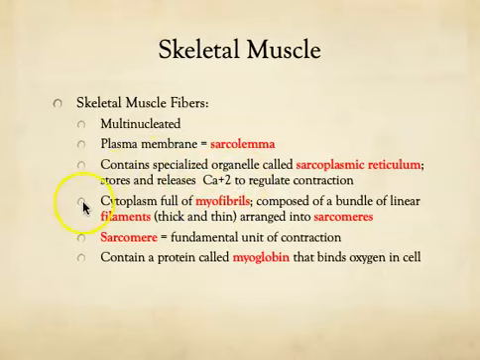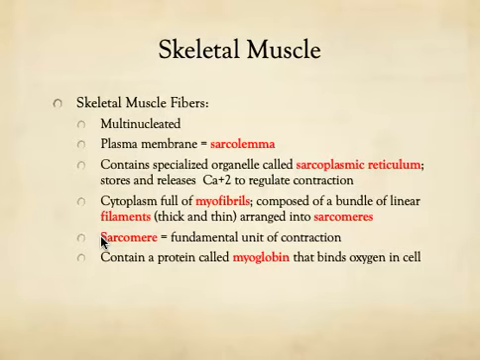Now, we said the cytoplasm is packed full of myofibrils. That's also an unusual feature for a cell to have. These myofibrils, remember, are composed of a combination of thick and thin filaments. And those filaments are arranged into sarcomeres. The sarcomere is what we consider the fundamental unit of muscle contraction.